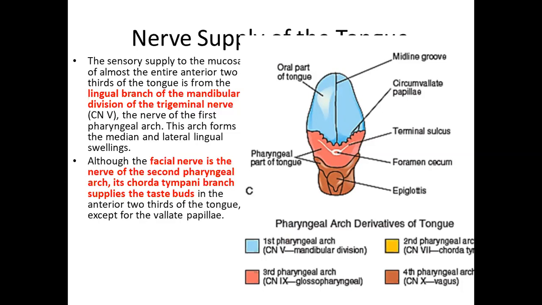You have to remember this. Then the third pharyngeal arch nerve is the glossopharyngeal nerve, which is the general sensory supply of the posterior one-third. And the posterior-most part is supplied by the fourth pharyngeal arch nerve, that is the superior laryngeal nerve, which is a branch of the vagus.